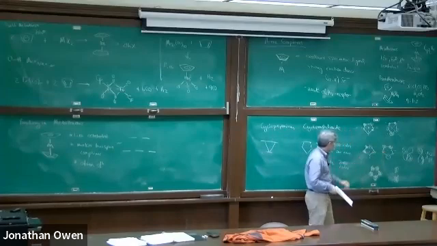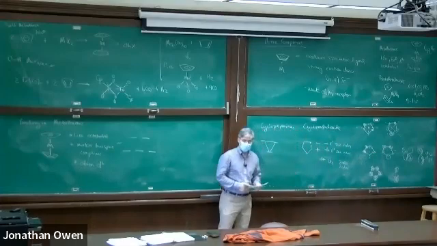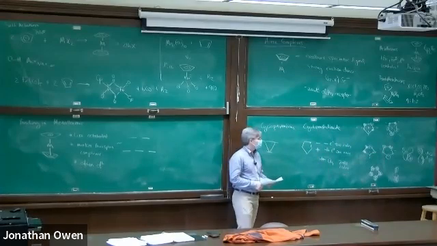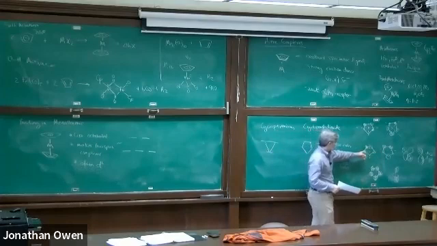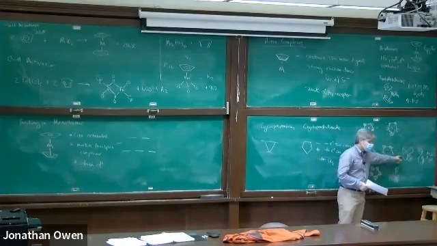This MO is the HOMO. 6 electrons in cyclopentadienyl. This is the HOMO. So the donation from the Cp ring is really driven by these to this dxz and dyz pair.